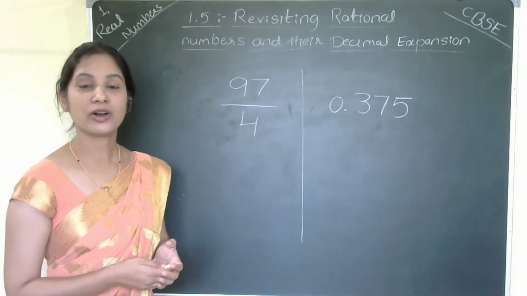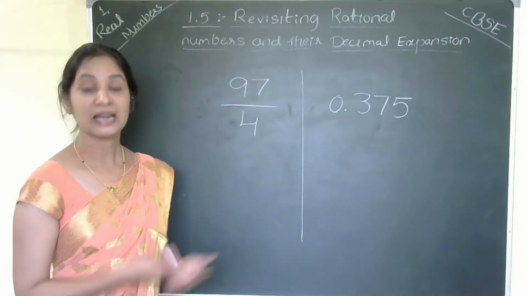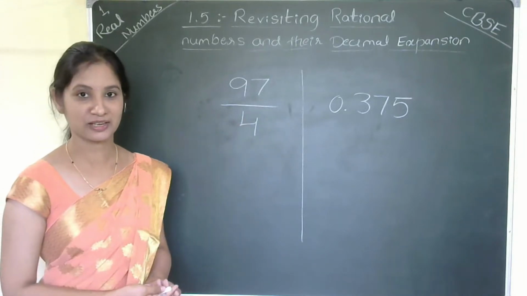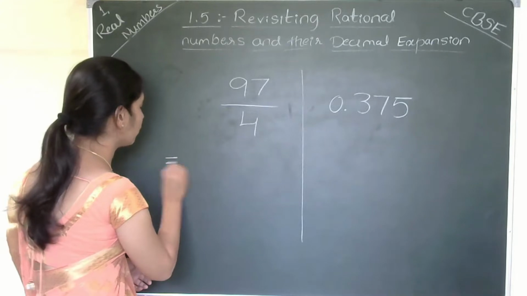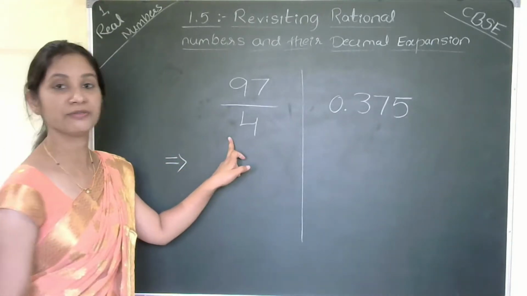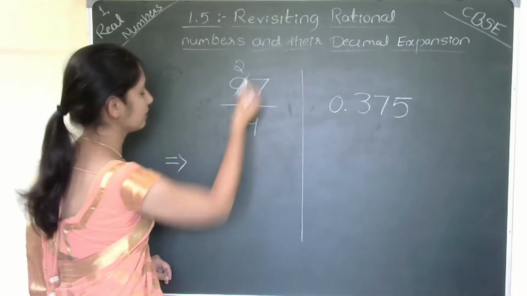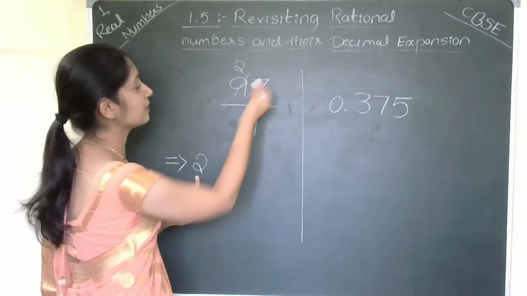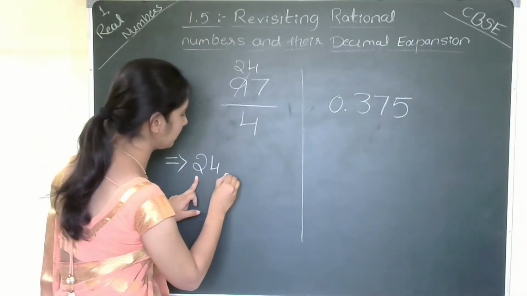We can go for the long division method. We can divide 97 by 4 and express this in its decimal expansion. Yes, we can go for the long division method. 4 2s are 8, so 2 will be in the quotient, and then 17, 4 4s are 16, so 4 will be in the quotient.